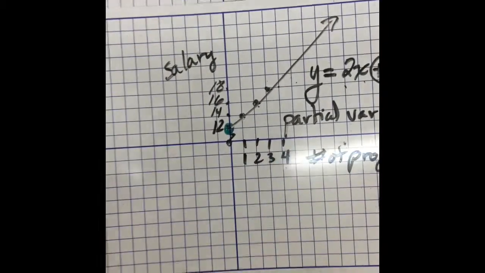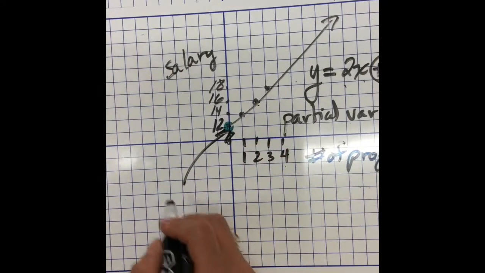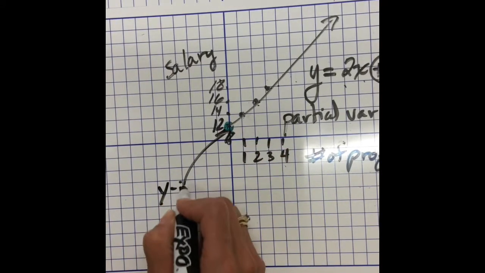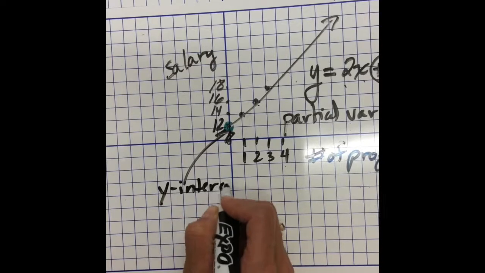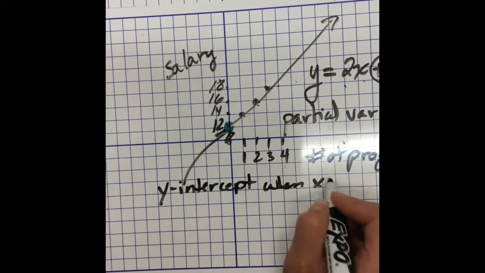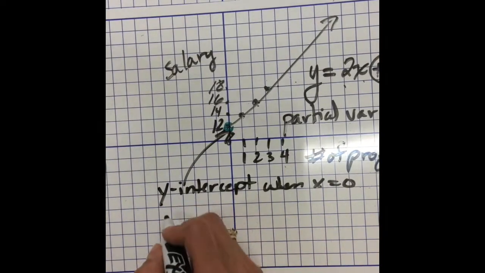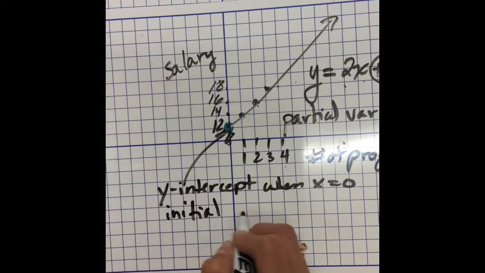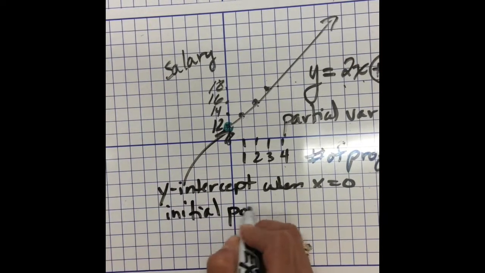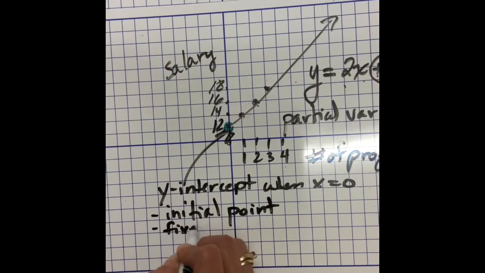The point here where it starts is called a y-intercept when the value of x equals 0. It is also called the initial point where we are starting our information. It can also be called the fixed value.